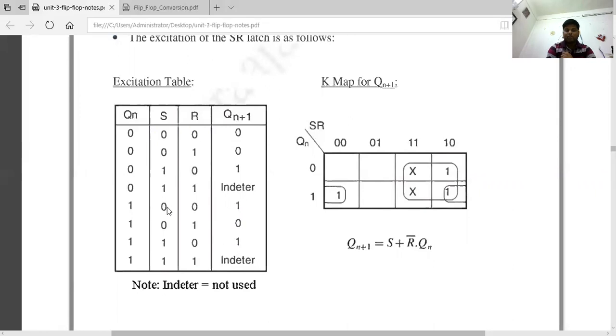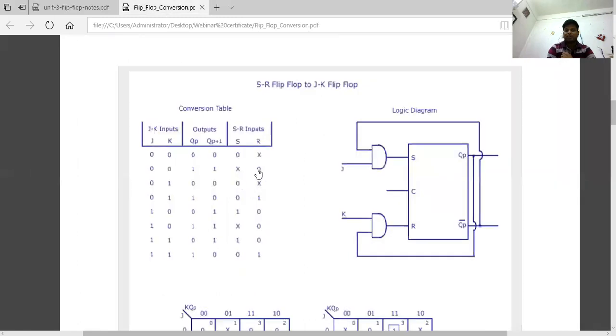In the S value, 0 to 1 will change, which means the cross sign, and the R value 0 is 0, so cross and 0 will be mentioned here: cross and 0. Again for 0 0, the above state is 0 and cross, so we have mentioned 0 and cross. Present state 1 and next state is 0.